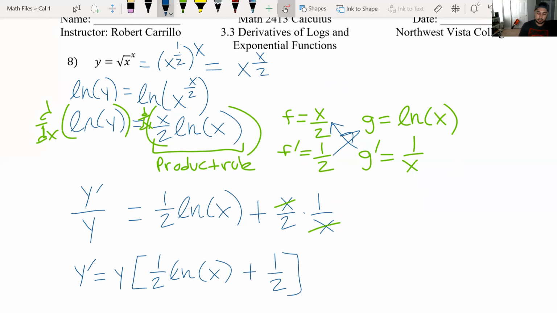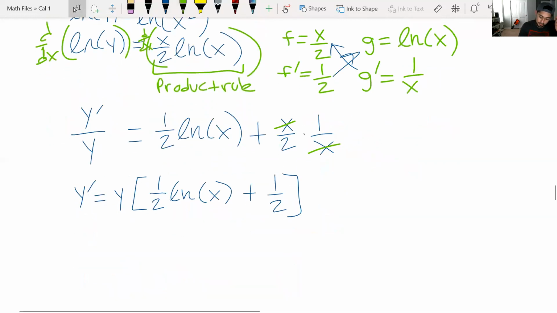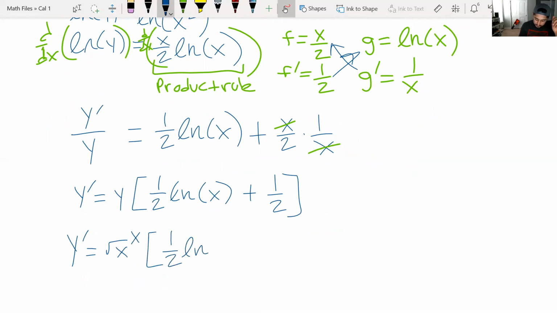Now all you have to do is bring back what y was. So there's y, and y is the square root of x to the x. So y prime equals square root x to the x of 1/2 natural log x plus 1/2.